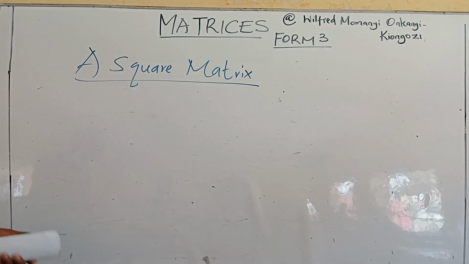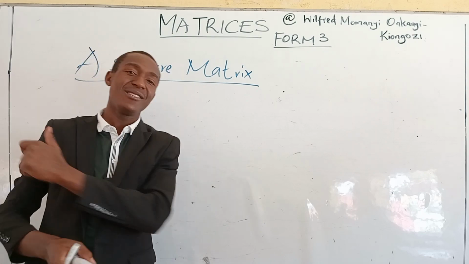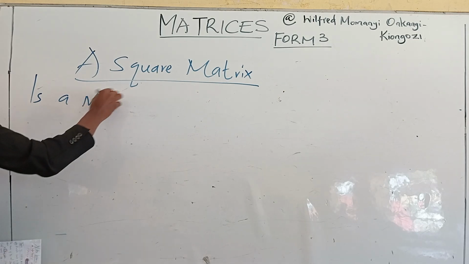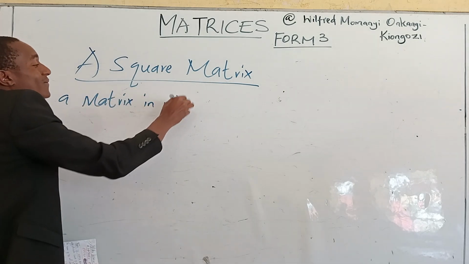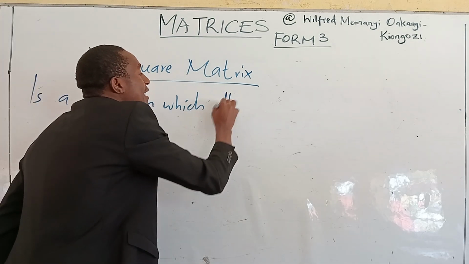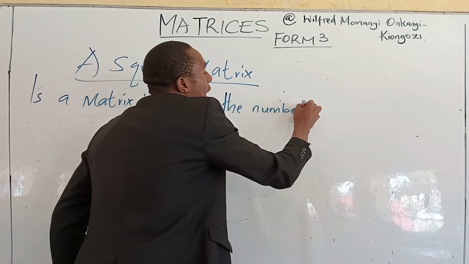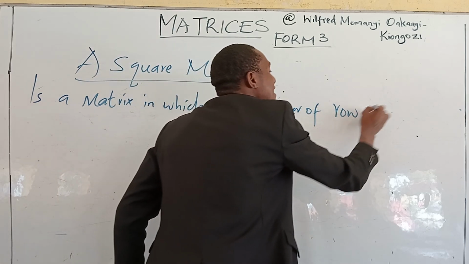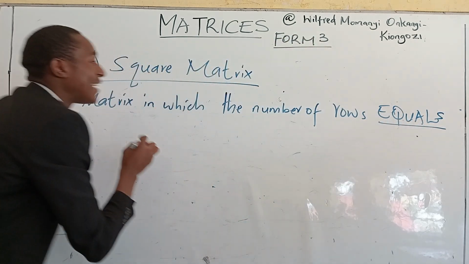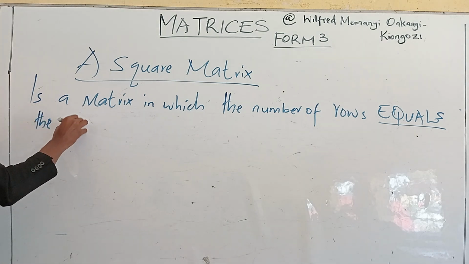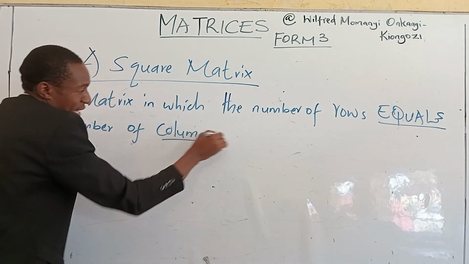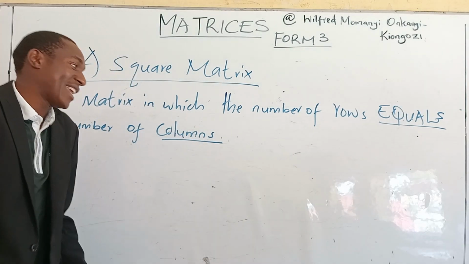This is a matrix in which the number of rows equals the number of columns. And here, students, we can give examples like the one I gave you.